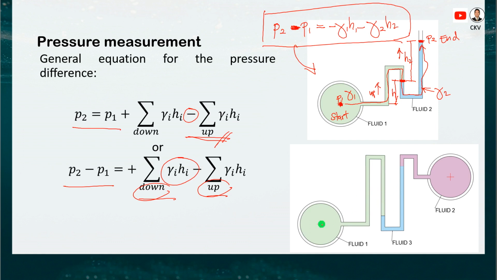Let's say we can start here as your point 1, the starting point, and end at fluid number 2, P2. Okay. So you can also interchange the starting point of your solution. You can start here at fluid 2.